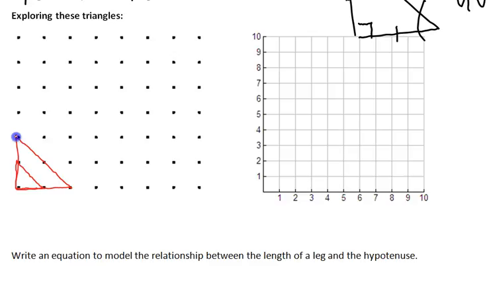But then we need to know what the hypotenuse is for our chart. How far is it from this dot to this dot? Square root of 2. And from that dot to this dot? Square root of 2. So we have the square root of 2 plus the square root of 2. When you're adding the same square root, you just have 2 times the square root of 2. Just like if I said 3 plus 3, could I also say that's 2 times 3?